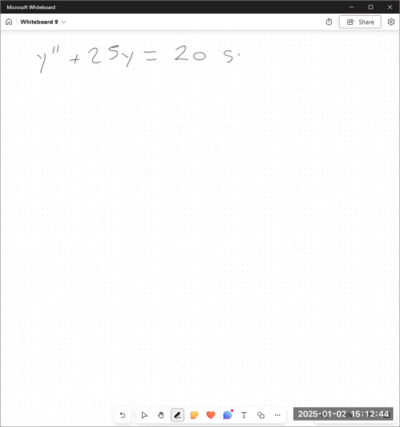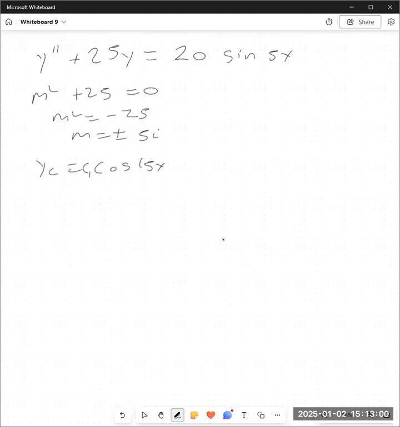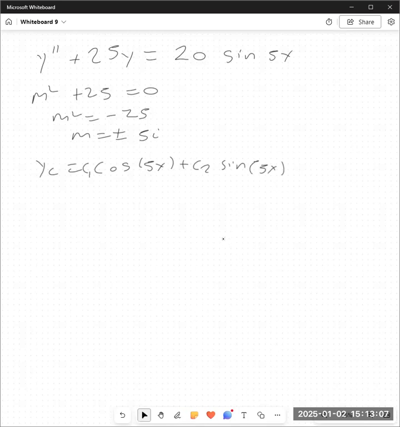Y double prime plus 25y is equal to 20 sine 5x. So m squared plus 25 equals 0. M squared equals a negative 25, and m equals plus or minus 5i, making my yc equal to c1 cosine of 5x plus c2 sine of 5x.